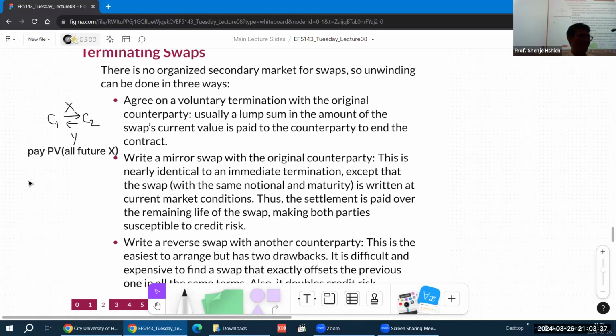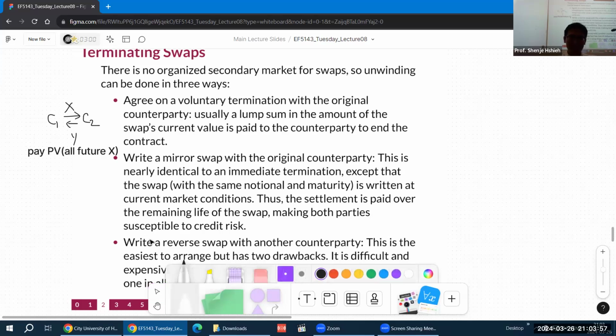They've engaged in a contract with you for a reason, and they expect it to be fulfilled for the long term. And they may not accept a fair value of whatever price you offer, even if you put a margin on top of this fair value, for example maybe 1%, 2%. All right. If that's not possible, then maybe you can write what's called a mirror swap.